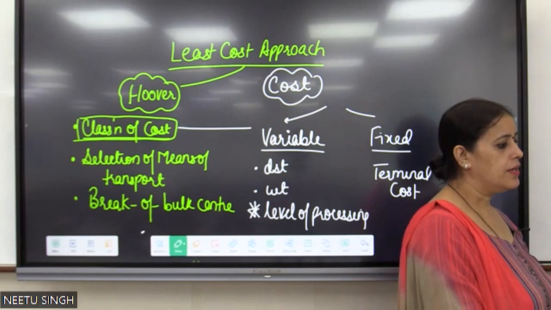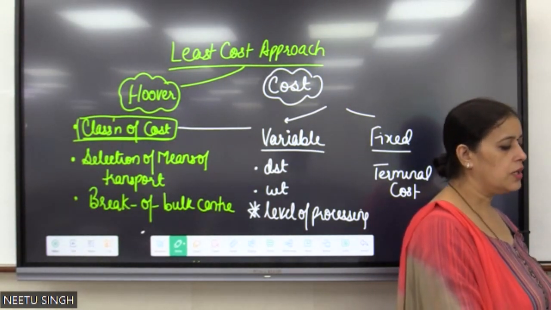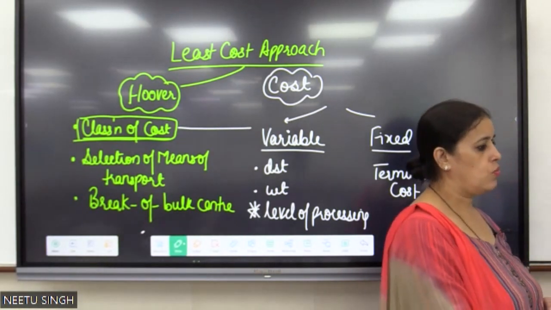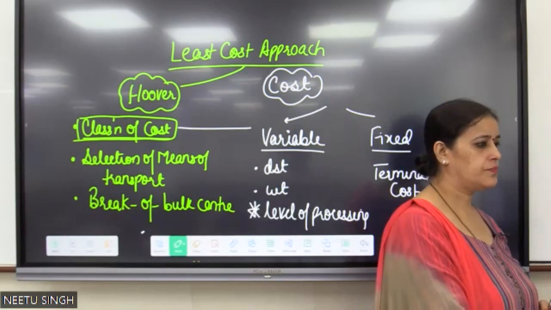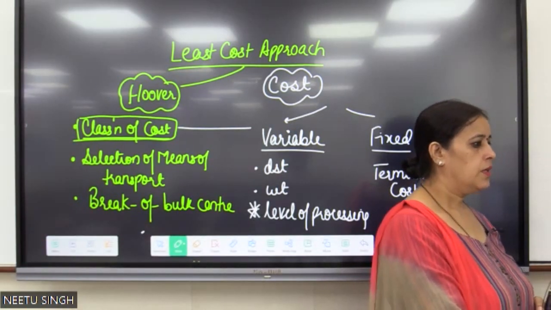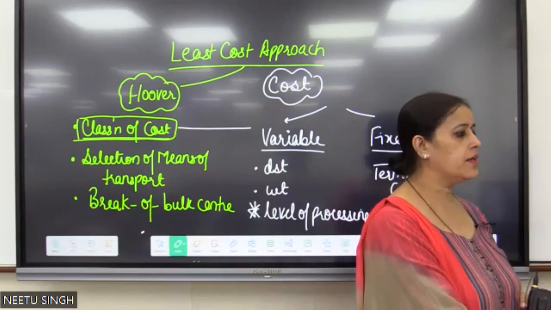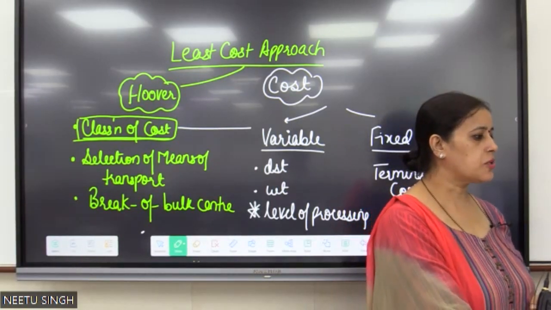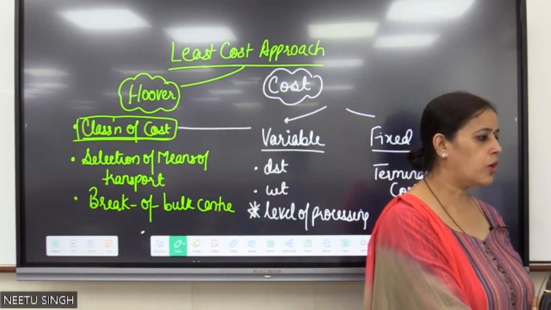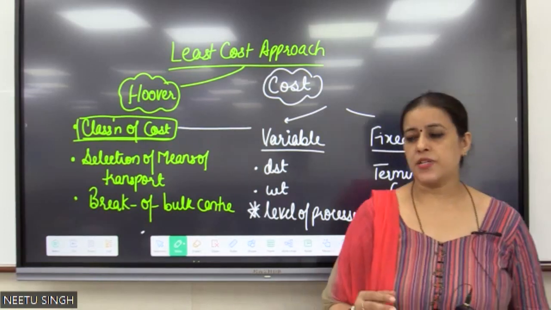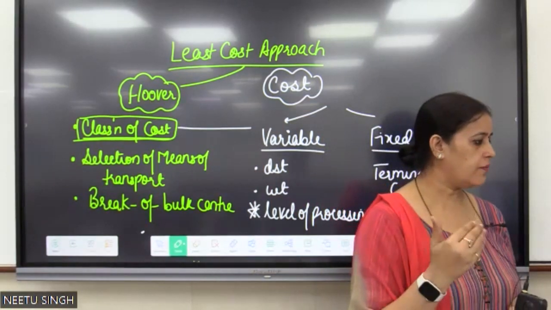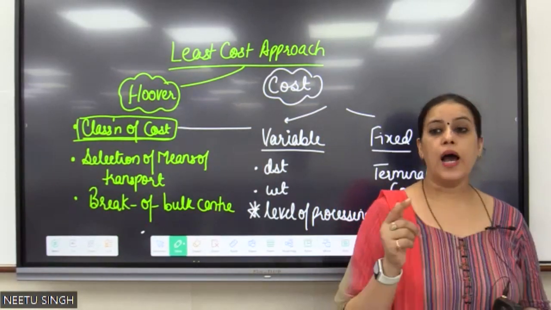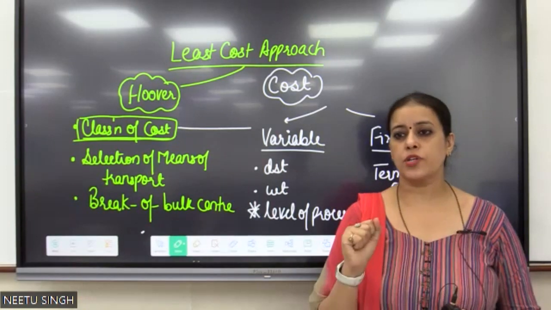Ready product will have higher transportation cost compared to raw material. Reason: increased handling charges, increased packaging charges. I hope all of us are understanding it. So higher the levels of processing, higher will be transportation cost.